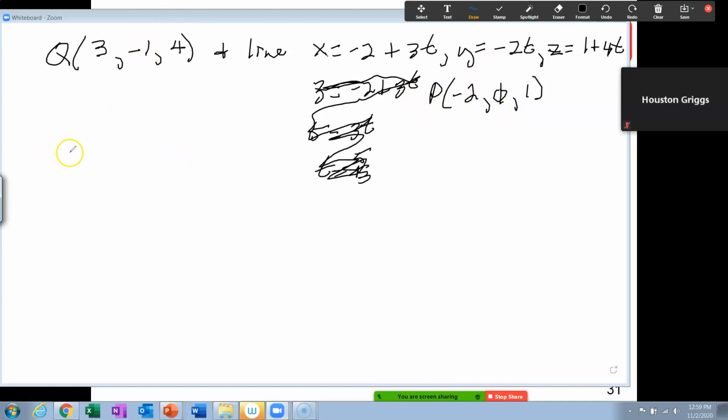Okay, so what we want to do here, the distance between this point and that line would be the magnitude of the cross product of vector PQ, cross the direction vector for this line, divided by the magnitude of that direction vector. Well, no, the direction vector, that's why I called it normal vector.